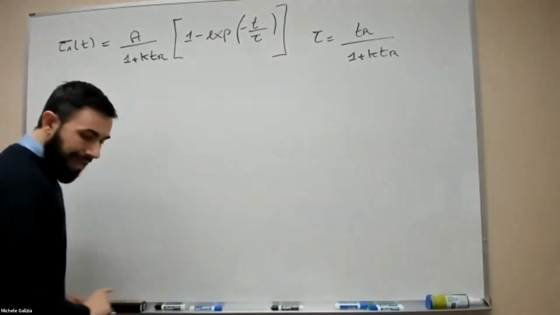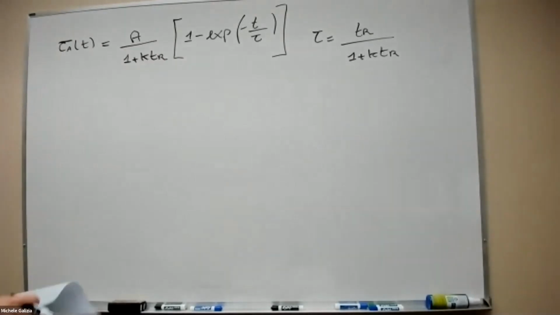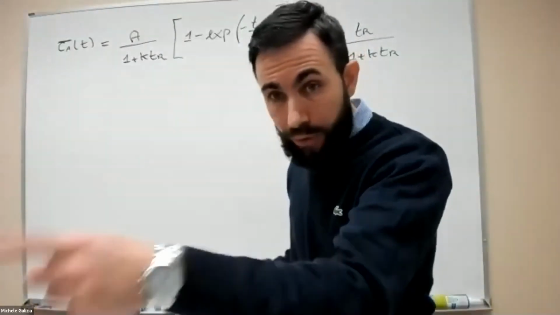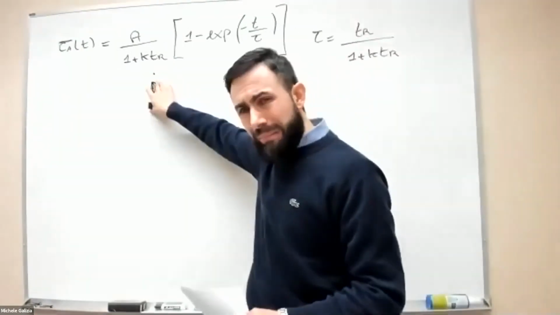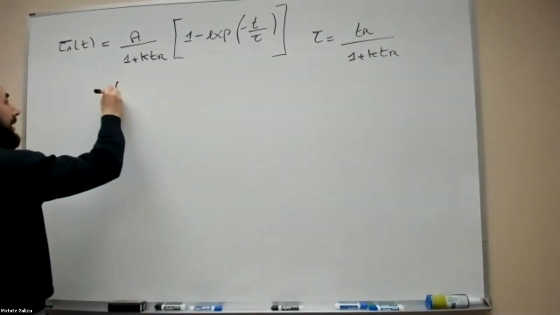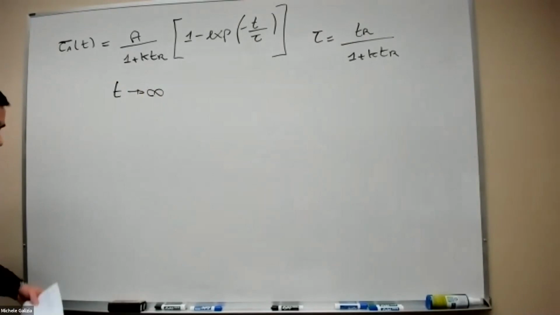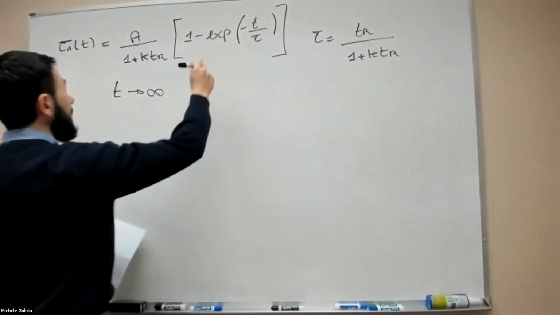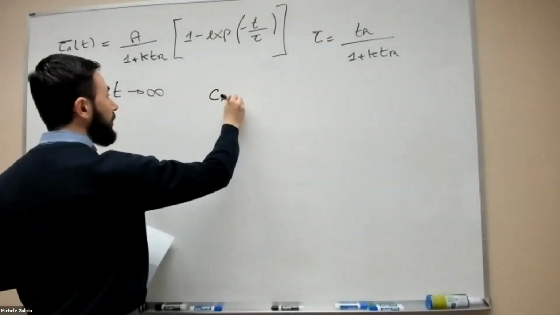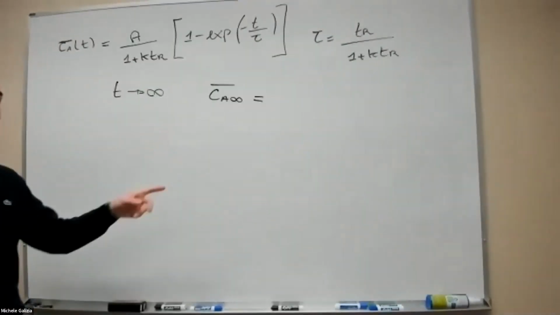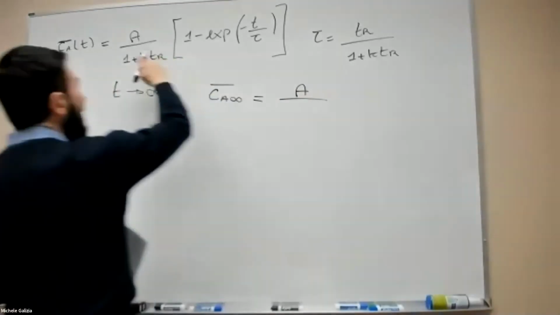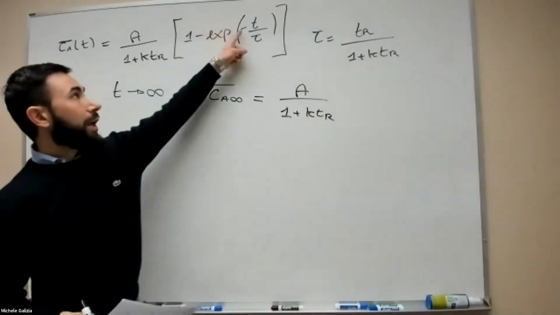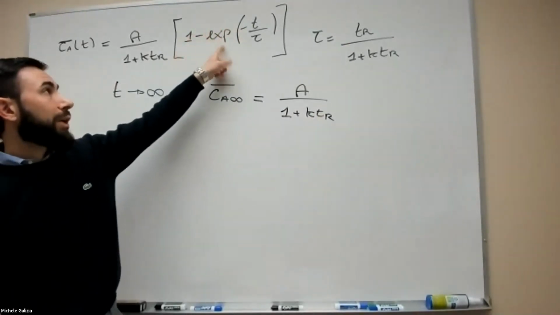Okay. So now, this is the response in the time domain, which is actually what you have in the table. Let's try to simplify this a little bit. If time goes to infinity, if we consider the asymptotic behavior, this exponential will go to 0, so 1 minus the exponential goes to 1.